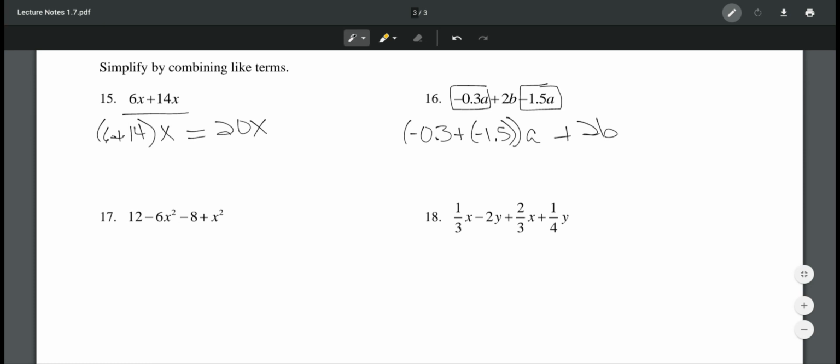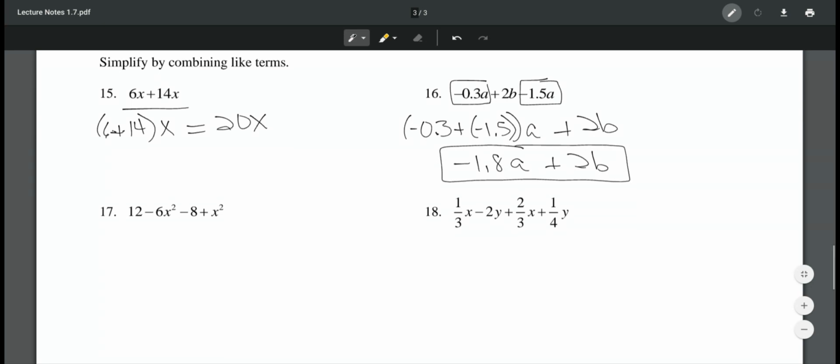I can't change the 2b because I don't have another term in this problem with just b as its variable. So when I add this together, I get negative 1.8a plus 2b. That would be my final answer. You cannot add up a's and b's together.